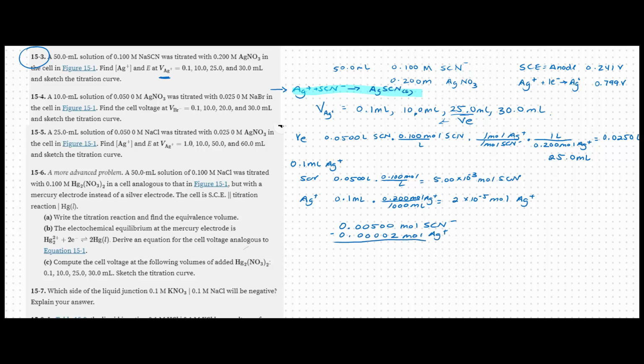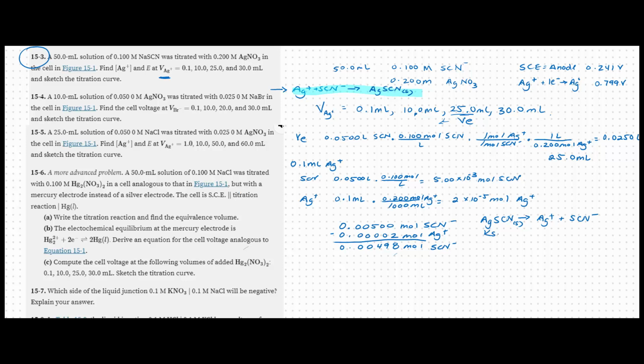So then I'm left with an excess of 0.00498 moles of SCN-. And that's fantastic, but that doesn't tell me a whole lot. I need a concentration. And I need that concentration because what I'm going to do is I'm going to relate the concentrations to the Ksp value for this compound. And I'm going to write this the other way.